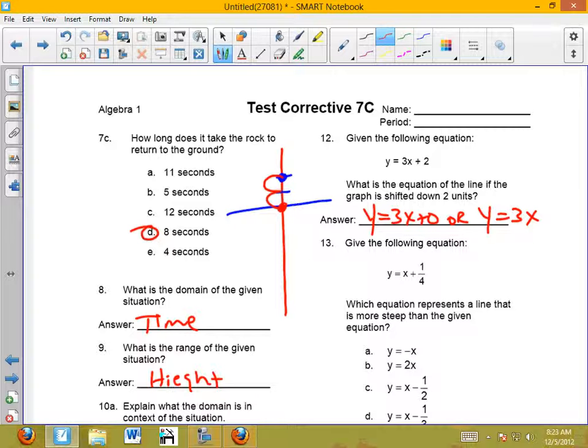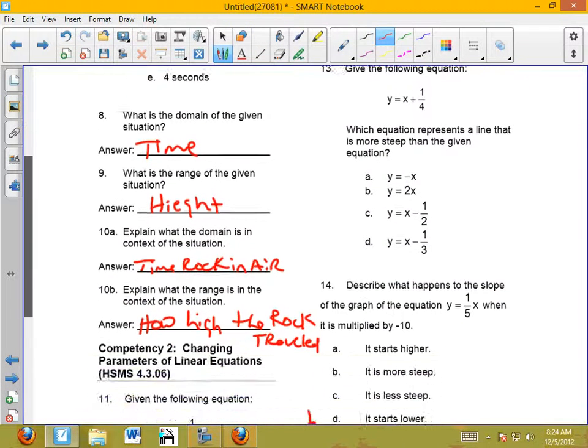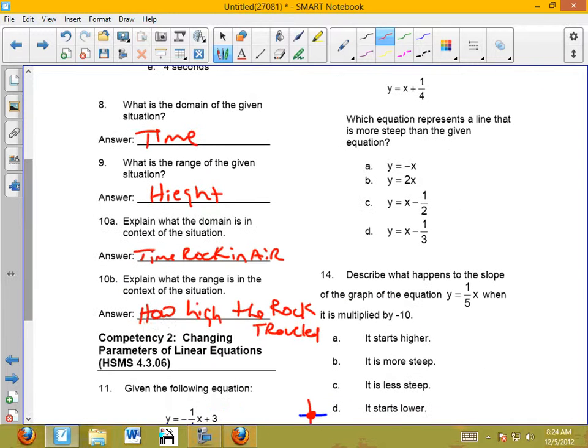Okay, given the following equation, which equation represents a line that is more steep than the given equation? Remember, now we're looking at what? Are we looking at the y-intercept?